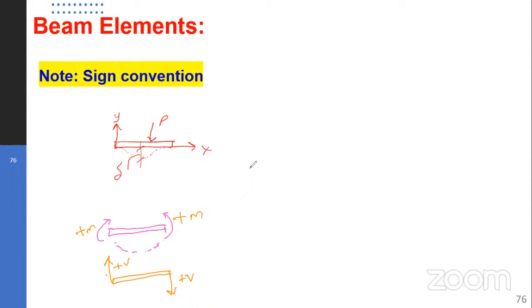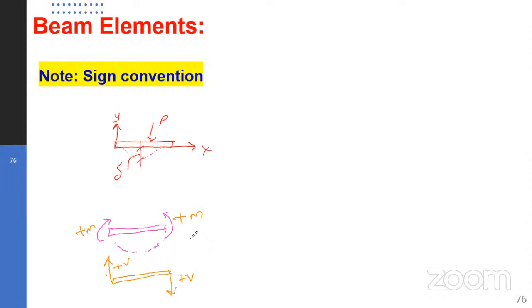But when it comes to the derivation, when we are dealing with the beam as a finite element, the sign convention changes slightly, because we say moments are positive in the counterclockwise direction.